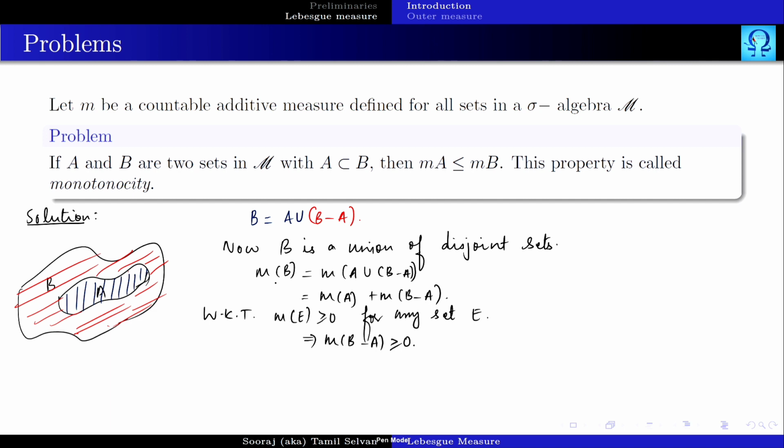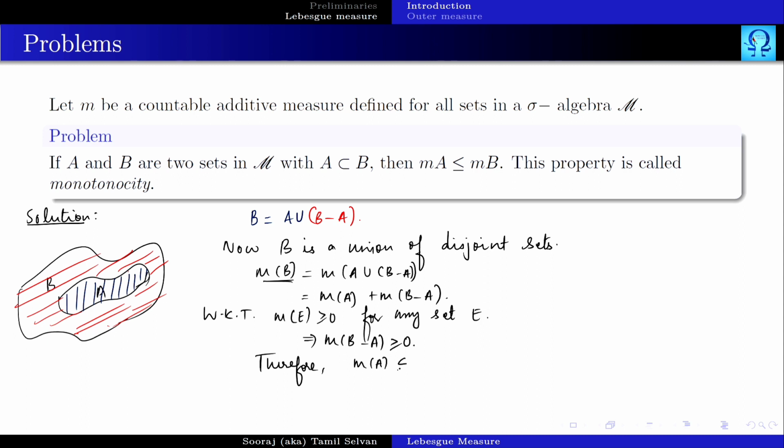You see here, what is m of B? This is some quantity. When you add some non-negative quantity to m of A, it becomes equal. If you remove it, what will happen? This will be a smaller quantity. Suppose if it is 0, then it will be an equal quantity. I think this very well concludes the requirement.